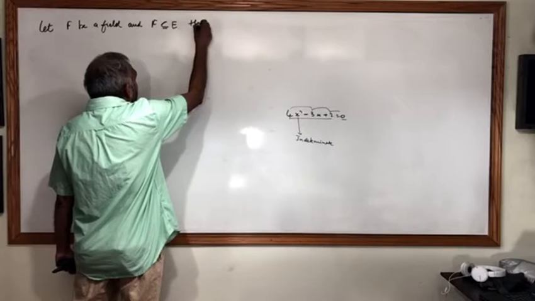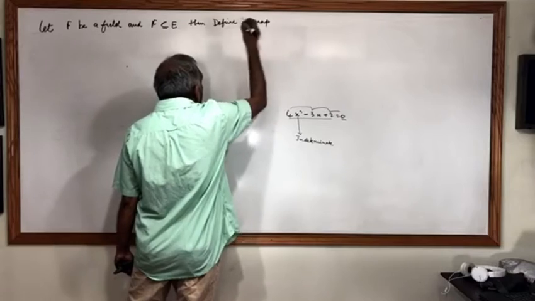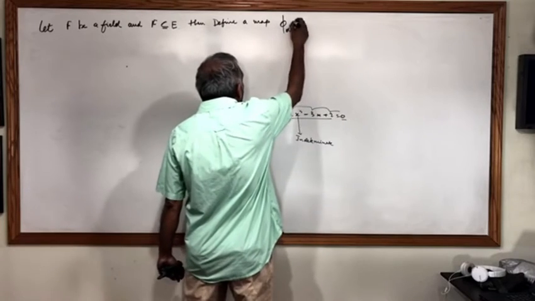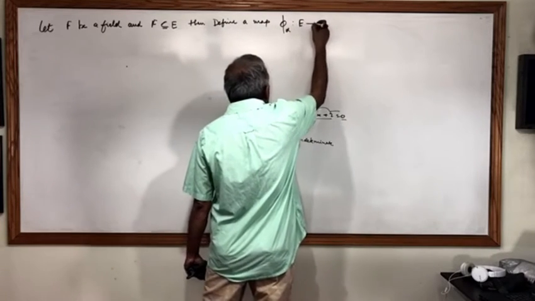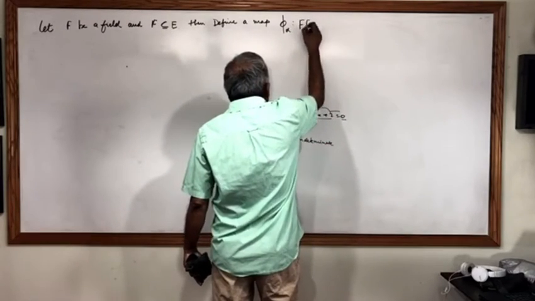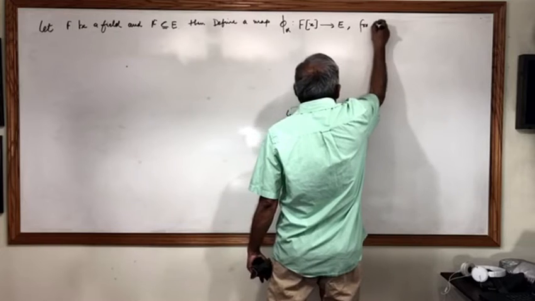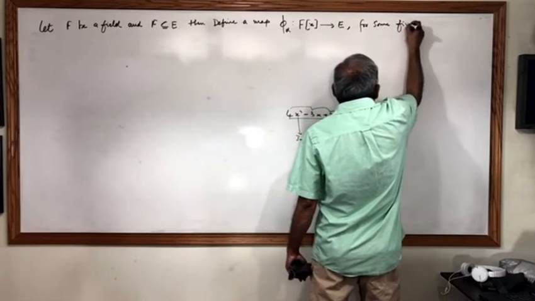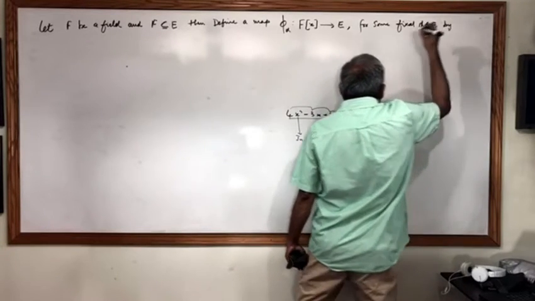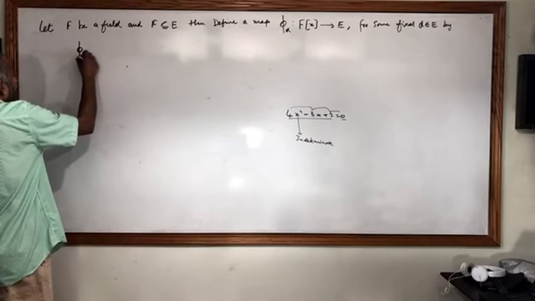Then define a map phi alpha from F of x to E, for some fixed alpha in E, by phi alpha of f of x.